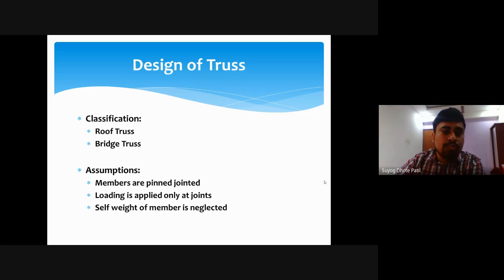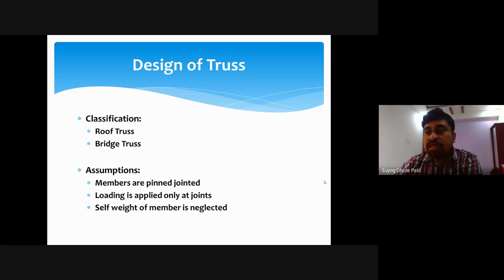Basically, in a broad classification, there are two types of trusses. First is the roof truss, and second is the bridge truss. The first is used in the construction of buildings, say commercial buildings, residential buildings, or commercial yards.